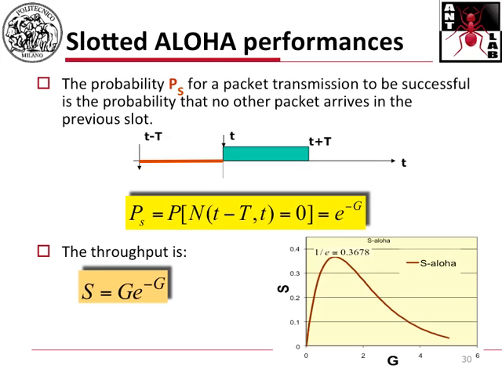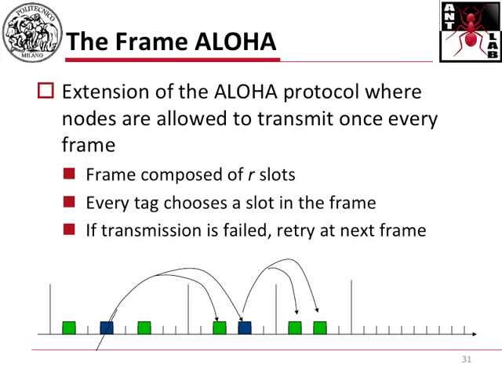Okay, so what was done was to build on top of this slotted aloha idea to come out with more refined protocols which were then reused in the field of RFID systems. Okay? And one of these more refined protocols is called frame aloha. Again, it's an extension of the aloha protocol, where the main difference is that the time dimension in frame aloha is subdivided into frames, as the name says.